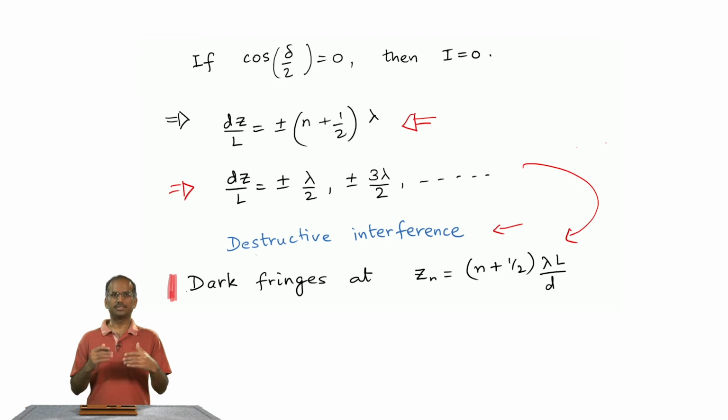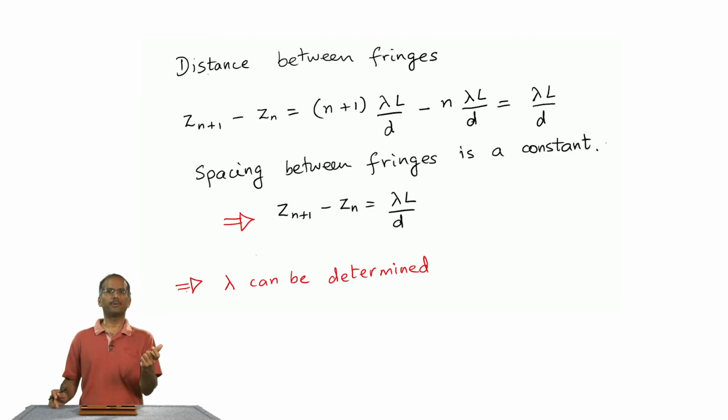So, you are going to see a series of dark and bright fringes. What is the distance between two consecutive bright points, or two consecutive dark points? That is simply given by Zn plus 1 minus Zn.